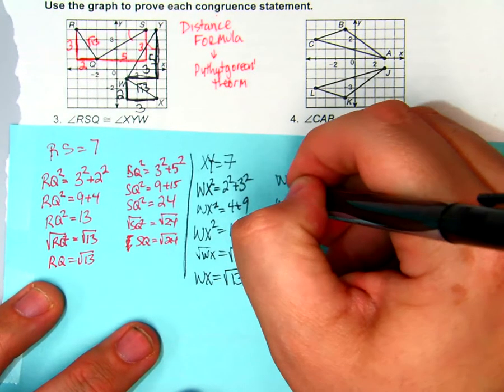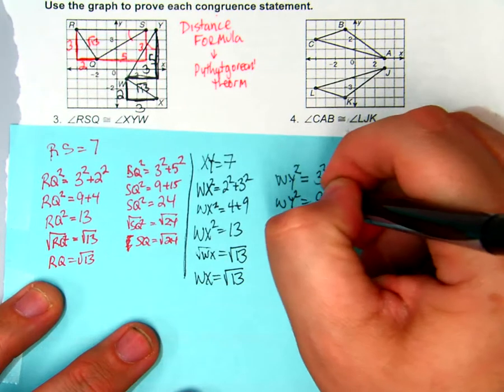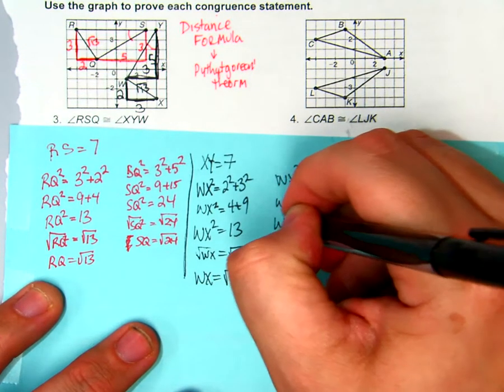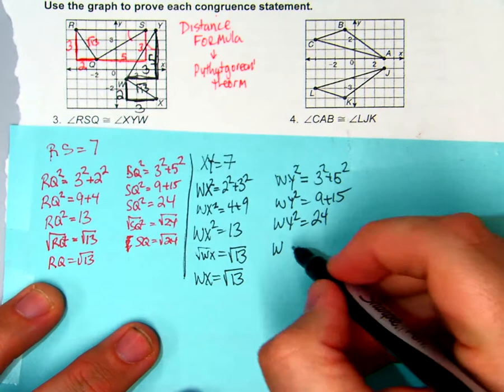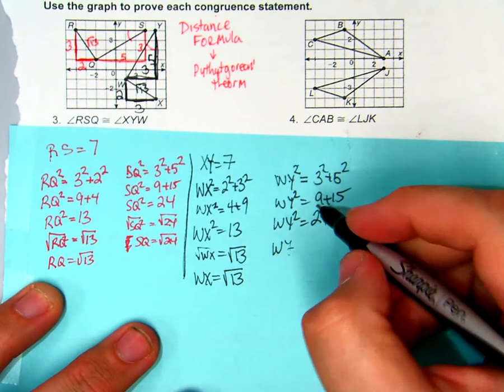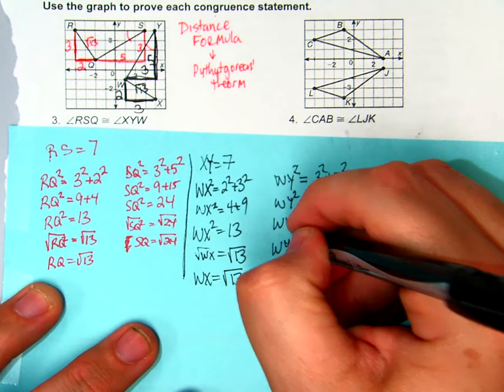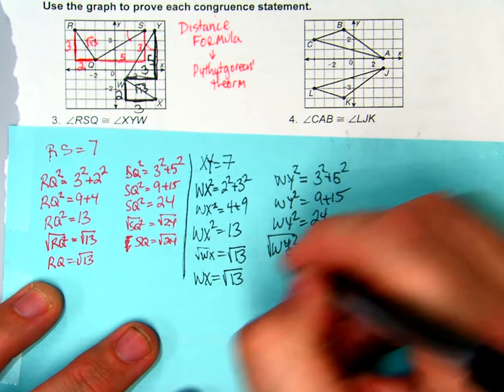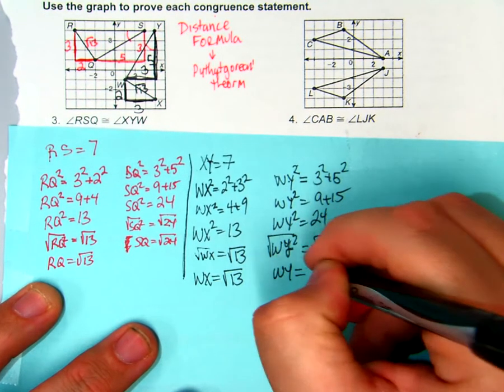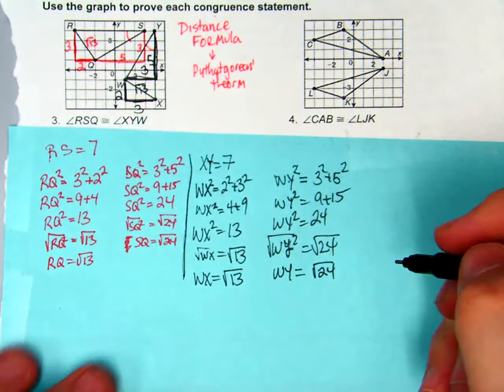So WY squared is equal to 9 plus 25. WY squared is equal to 24. So the square root of WY squared is equal to the square root of 24. WY is equal to the square root of 24.